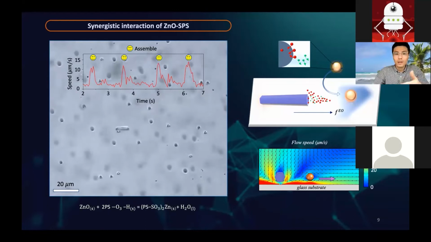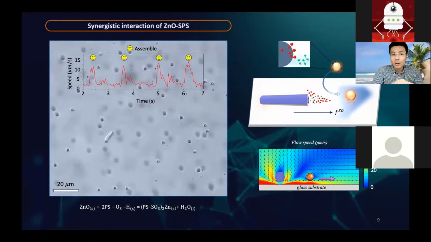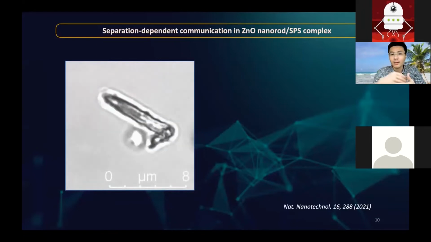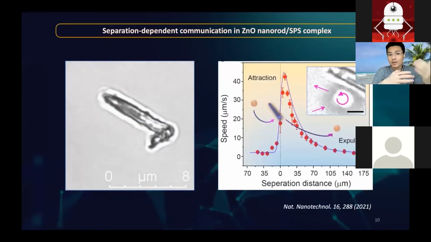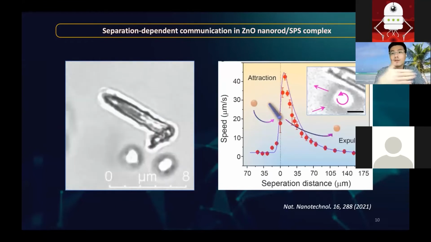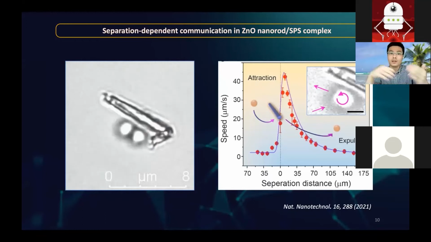Okay, when we are looking carefully into the repulsion interaction between the nanorod and SPS particles, we found that when the SPS particle is approaching the nanorod, its speed increases as the separation distance decreases. While when it is leaving the zinc oxide rod, its speed decreases as the separation distance increases.